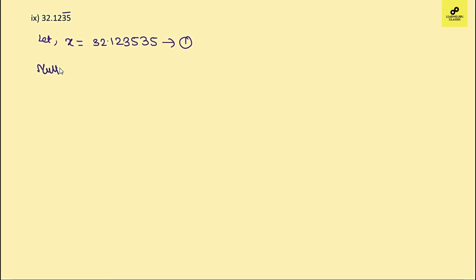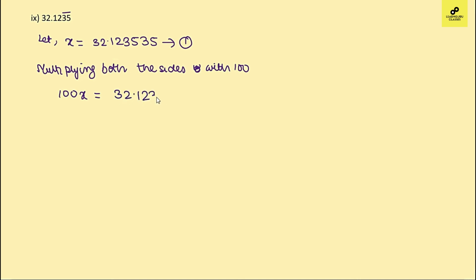So multiplying both the sides by 100, 100x equals 32.123535 into 100. 2 digits will come before the decimal, so this will be 3212.3535. Okay.